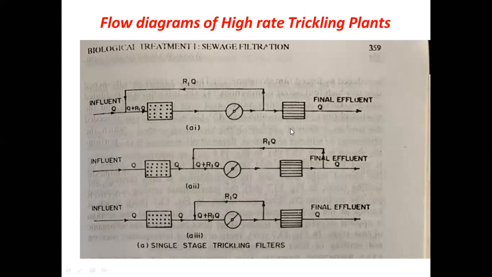Usually the trickling filter is located before the secondary clarifier, and when there is a single trickling filter, it is a single stage trickling filter. You can see in this figure, this is the influent. Then there is a trickling filter.